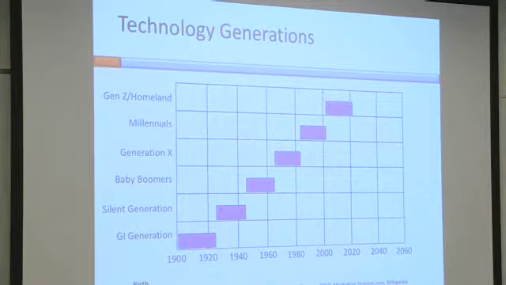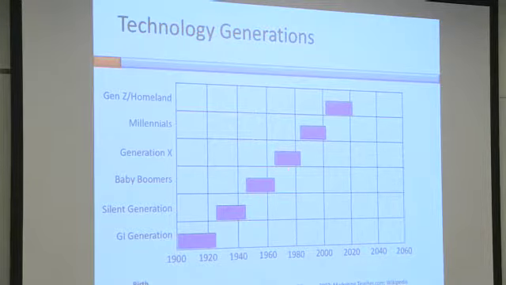Here we have the GI generation, which is my parents' parents. Then we have the silent generation. And these are the time ranges in which those generations were born. Okay, so my parents were born in the time range starting in the 20s up to the early 40s.